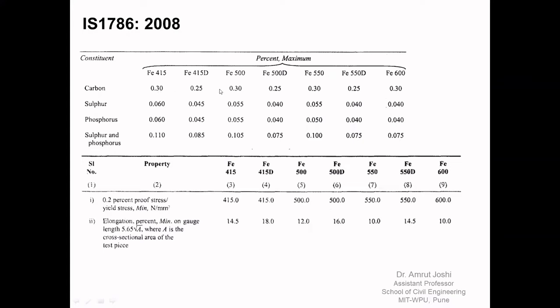As the grade of this steel increases, you will see the carbon percentage goes on increasing, and the ultimate strain goes on decreasing. For Fe 415 the ultimate strain is 14.5%, whereas for Fe 600 the ultimate strain is 10%. This is significantly lower than the ultimate strain capacity of Fe 250, that is mild steel. This data is taken from IS 1786 2008.